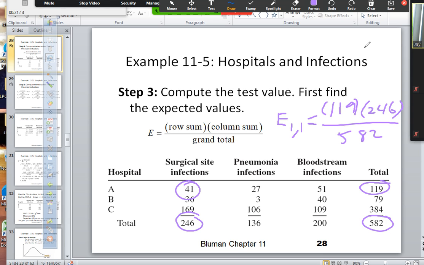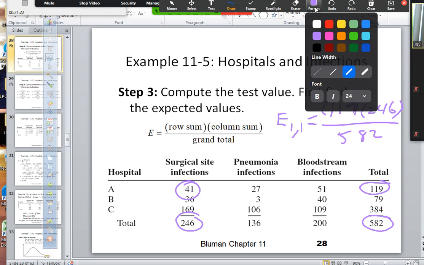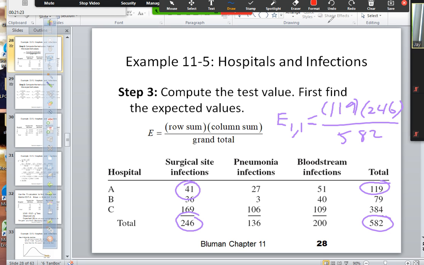You need to find the first and the last. This is E11 because it's the first row, first column. You also need to find the last one. So the last one is this guy here. Remember, don't count the totals in your data. This is my data here. So this one here, he has a row sum of 384, column sum of 200. So he is the third row, and he is the third column.